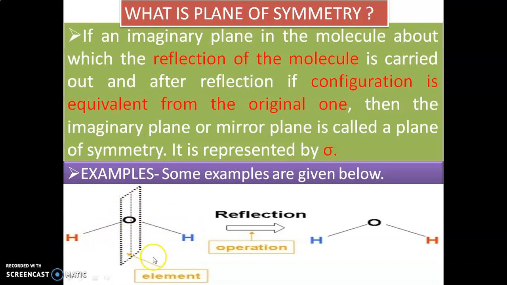Here is the plane, the symmetry element, and the applied operation is reflection. We get an equivalent configuration, with the blue hydrogen on this side and the red hydrogen on the opposite side, equivalent to each other but not original, and this is known as a plane of symmetry.